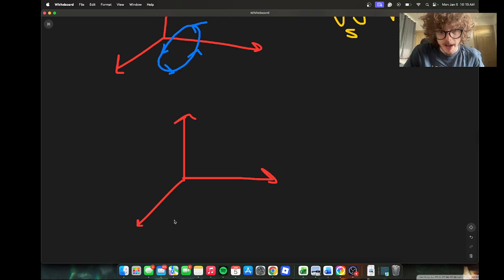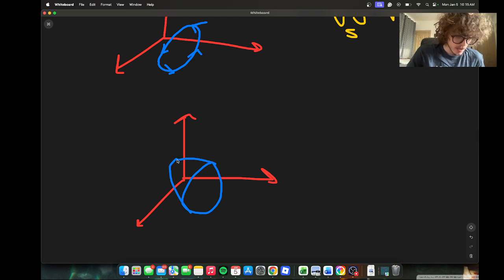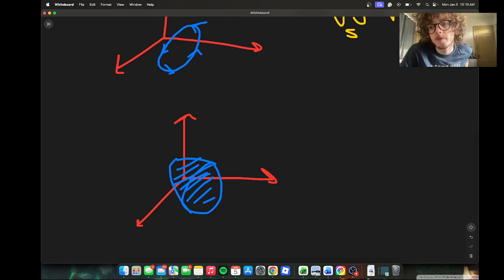So let's say we have this curve, the same curve, but let's say instead of just it being a circle, it's a little hemisphere. So let me just kind of shade that in here. So we have a little hemisphere now.